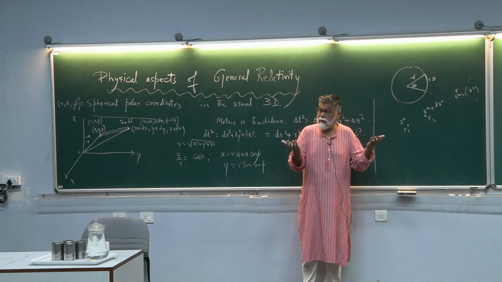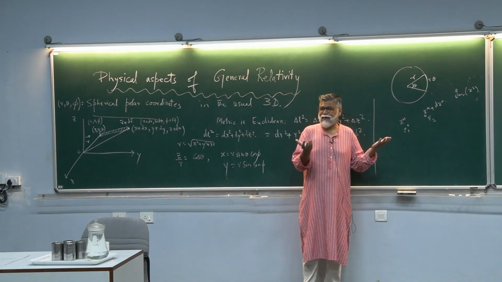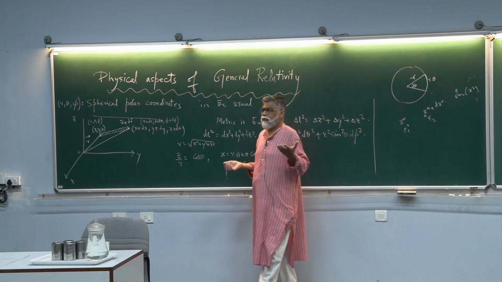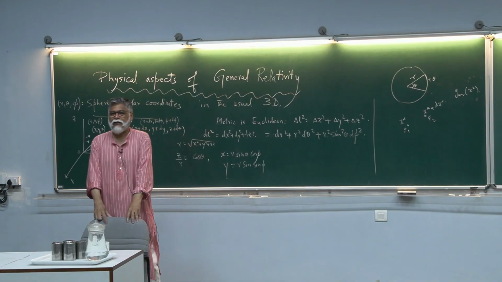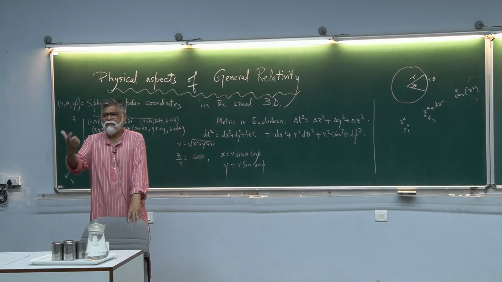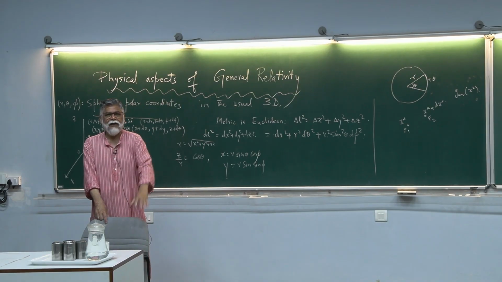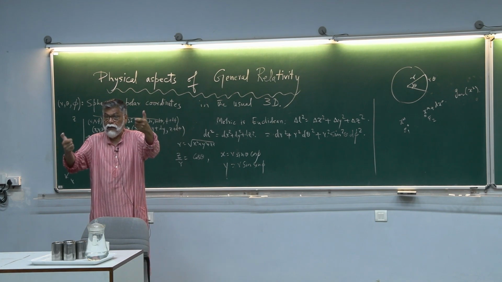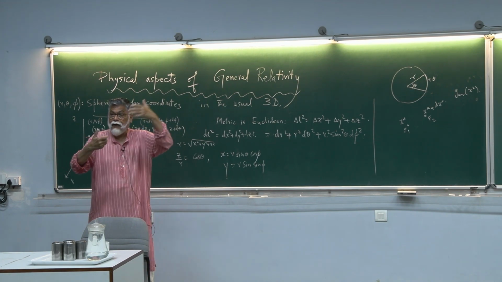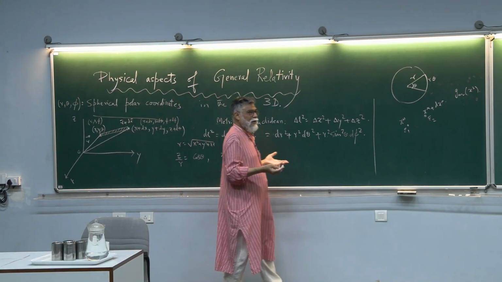In special relativity, there is no ambiguity as far as measurement is concerned. In fact, the first paper on relativity by Einstein in 1905, on the electrodynamics of moving bodies, is all about measurement and its interpretation. What do you mean by time measurement? What do you mean by length measurement, where time dilation was derived, where length contraction was derived?